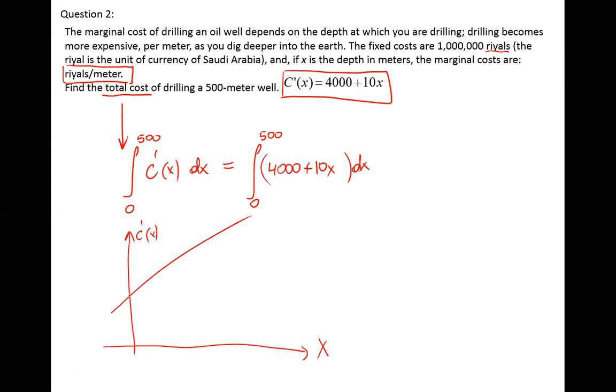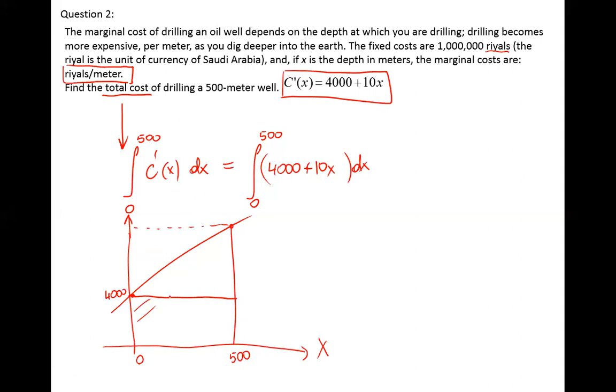I'm assuming something like that, 4,000 and 10. The slope could be a little bit steeper, but I will just do it like that for now. Now I'm interested in the area under the curve from 0 to 500. It's a nice shape, because all of the sides are straight lines. We can definitely find it.